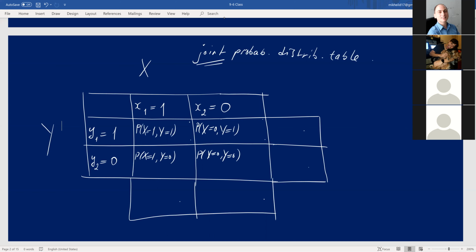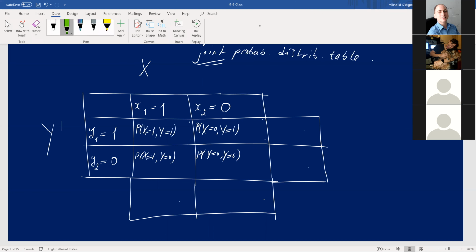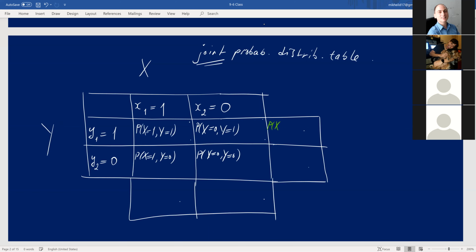But probabilities on the side are called marginal probabilities. Why? Because, for example, here we have the probability that Y equals 1, no matter what X is. Here we have the probability that Y equals 0, no matter what X is. Here we have the probability that X equals 1, no matter what Y is. Here we have the probability that X equals 0, no matter what Y is.